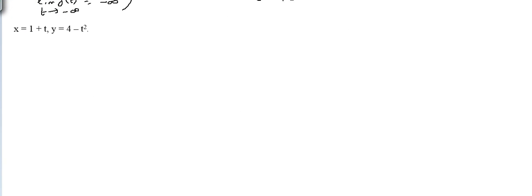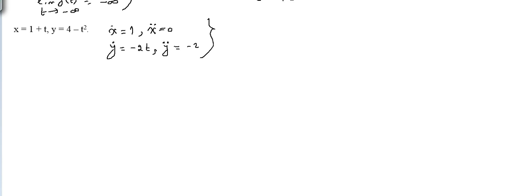Again, this is the function. x dot is equal to 1, x double dot is equal to 0. Let's prepare to also find the second derivative. y dot is equal to minus 2t, y double dot is equal to minus 2.